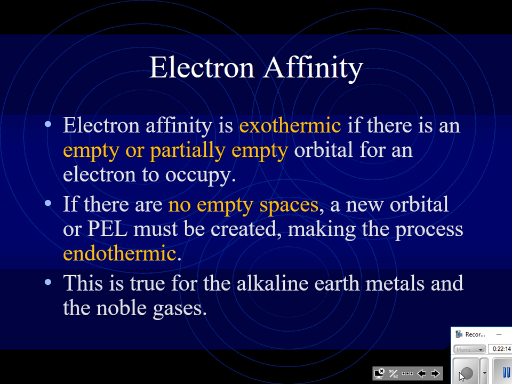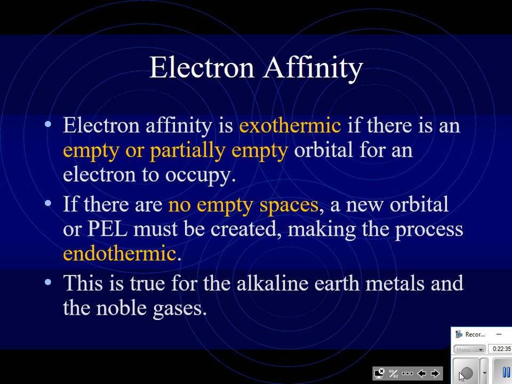The place where it's endothermic is if we don't have those. Let's say we filled an s orbital. So we have 2s2. We filled that s orbital. We have to add a new orbital to get more electrons on there.